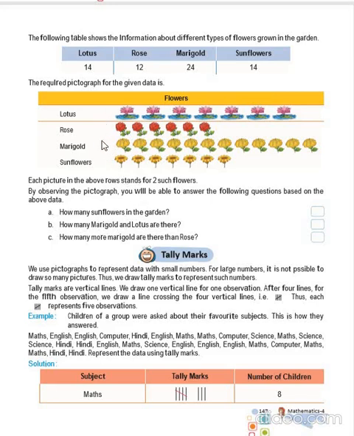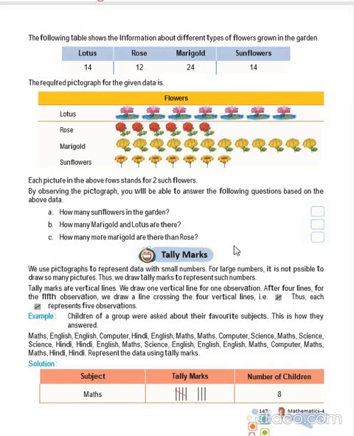Lotus plus marigold is equal to 14 plus 24. How many more marigold are there than rose? So it will be 24 minus 12, which is 12.